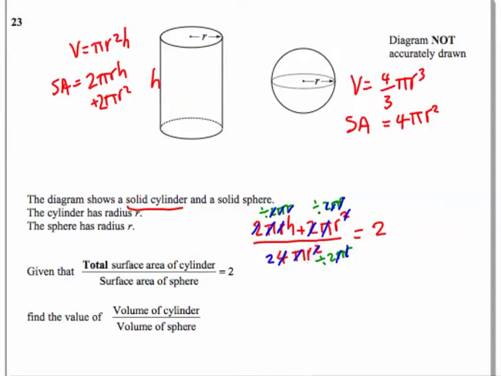To simplify, we've got h left here, plus r, over 2r, equals 2.